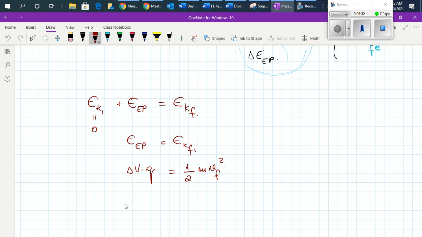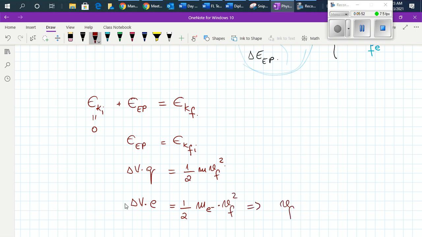The charge of the electron is 1 elementary charge, so this will be delta V times elementary charge is equal to 1 over 2 mass of the electron, which is given in your formula sheet, and V final squared.